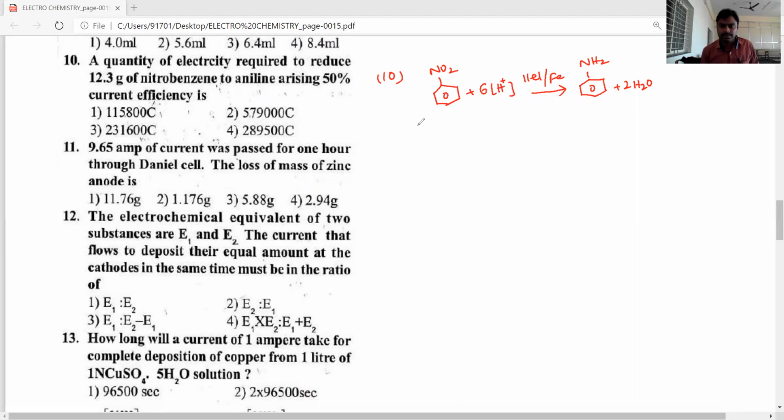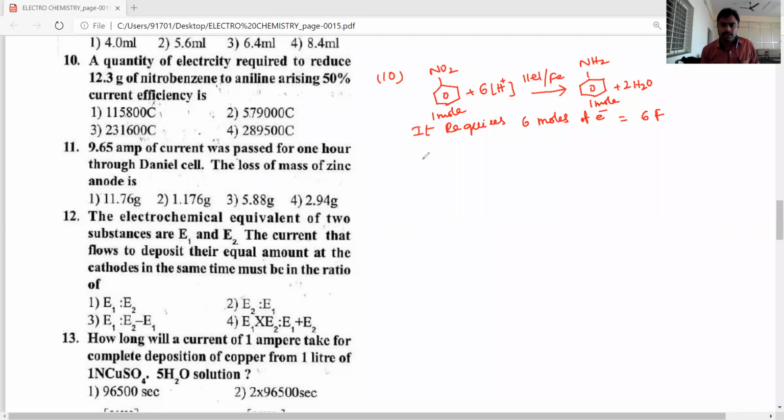So for reduction, it requires 6 moles of electrons. That is, 1 mole of nitrobenzene is converted into 1 mole of aniline completely.